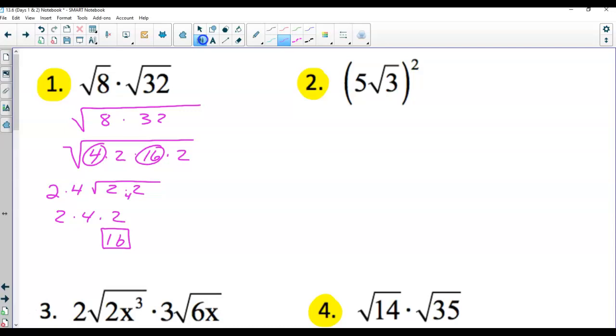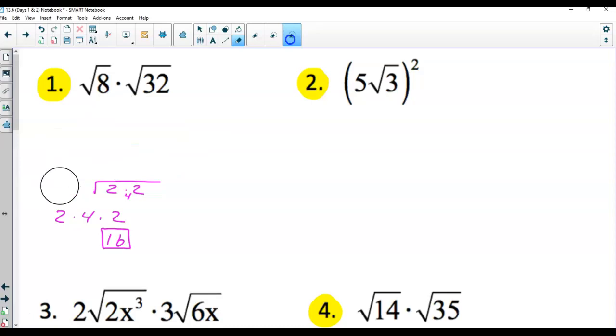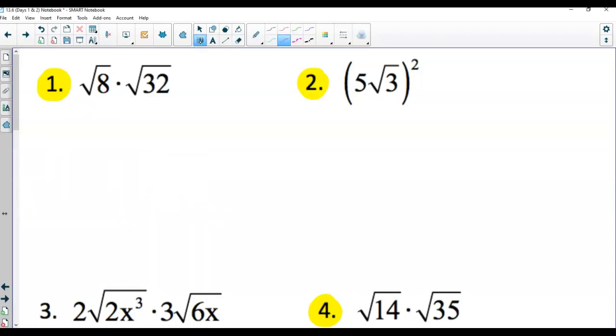And the first way, I'm just going to redo that problem the way I was originally going to do it, just so you can see, because I'm going to flip-flop back and forth among these techniques, because the more you do, the better off you get. I'm thinking of this as my square root of 4, square root of 2, and this as my square root of 16, square root of 2.